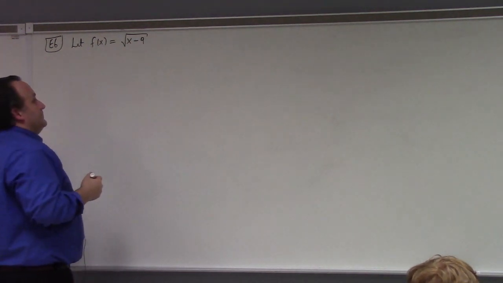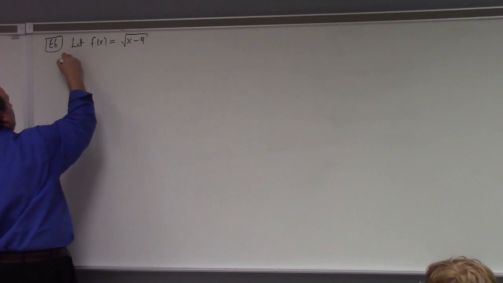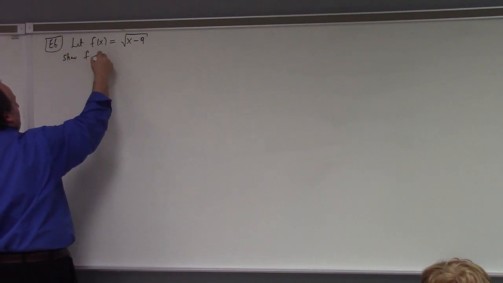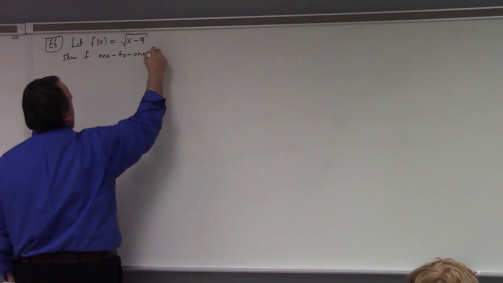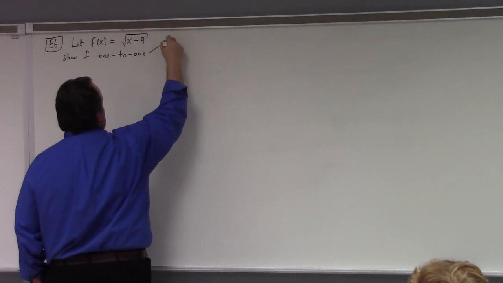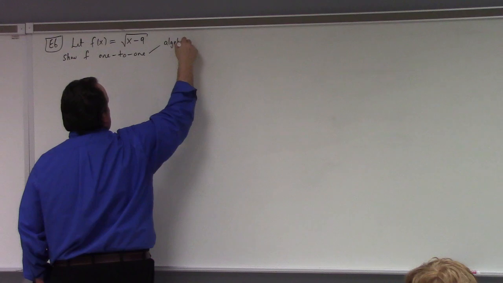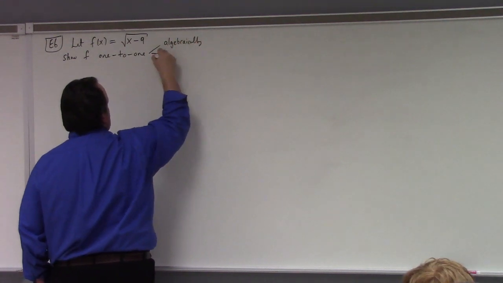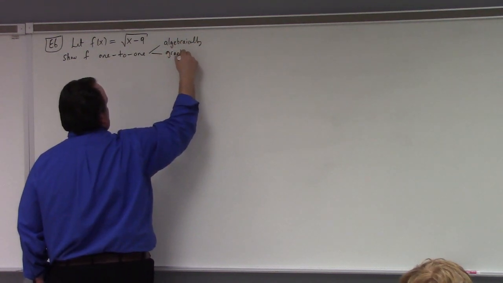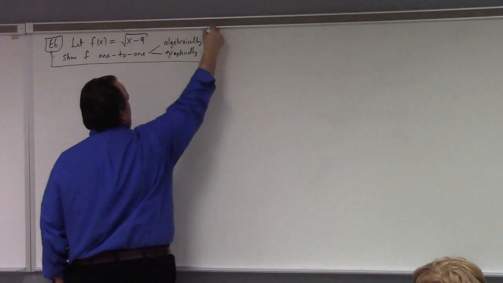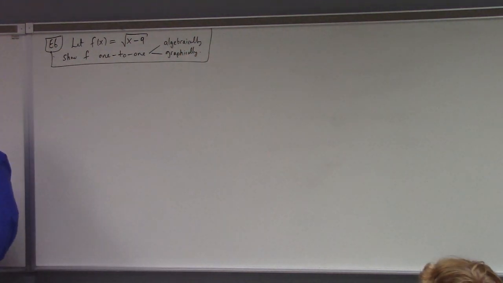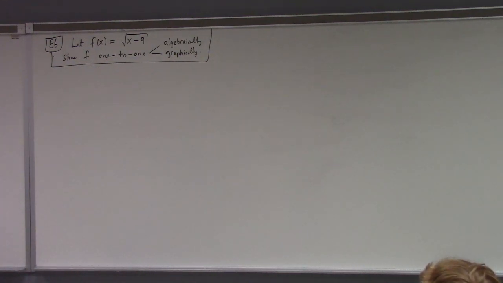Then the question is, show f is one-to-one two ways. Let's show it algebraically, and let's also show it graphically, okay? Let's look at both. Now, in your homework, I just give you the option. You can pick one or the other, all right? But let's talk about both because they're both easy.